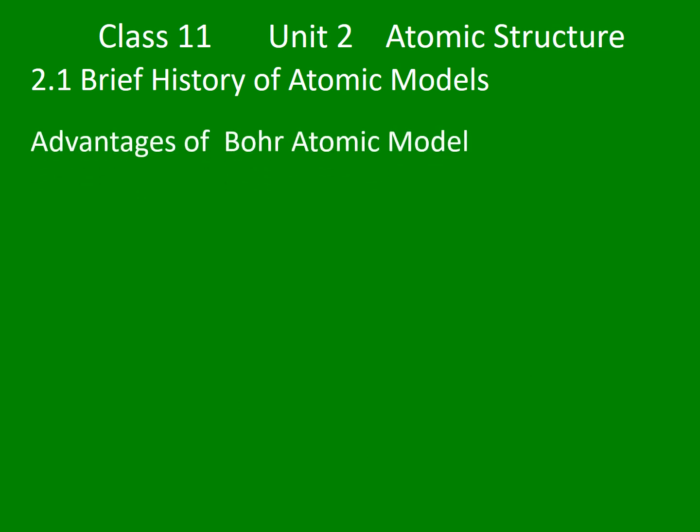The advantages of the Bohr atomic model: it could explain the stability of atoms. You know, Rutherford could not explain the stability of atoms, while Bohr could, because according to this model, electrons remain on their own shell, on their own orbit, as long as they neither emit nor absorb energy.